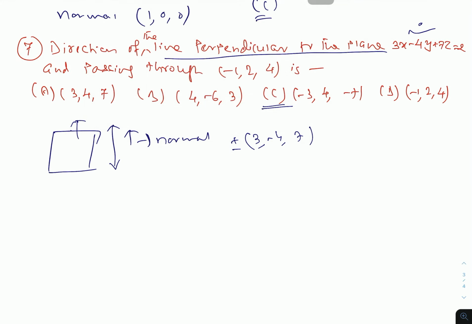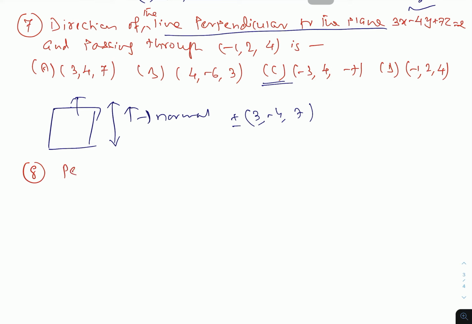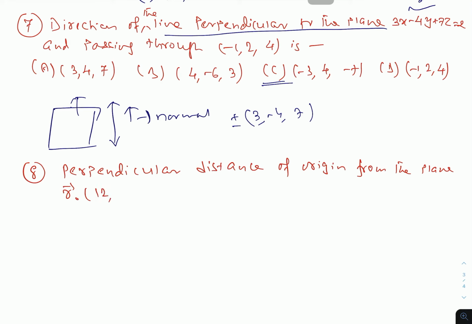Next, perpendicular distance of origin from the plane r dot (12, minus 4, 3) equal to 65 is blank.